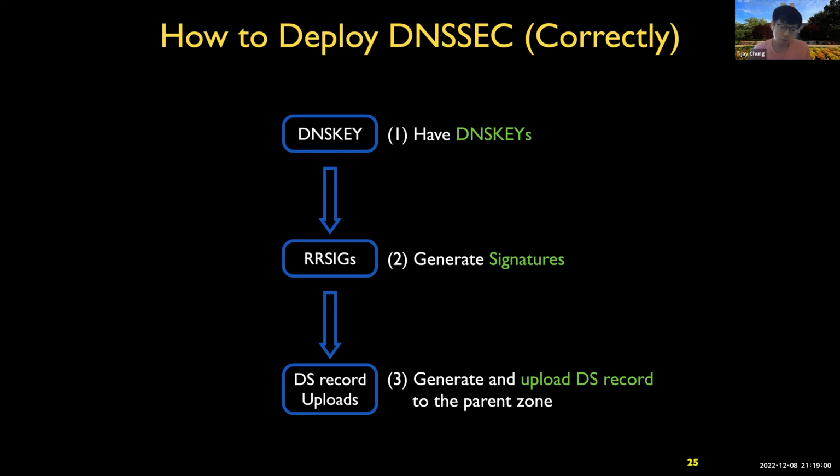So to provide that authenticity, we learned that we have to generate a DS record, which is a hash of the DNS key, and upload it to the parent zone. So let's say, if you run example.com's name server, then you have to upload your DS record to the .com zone, .com's name server.